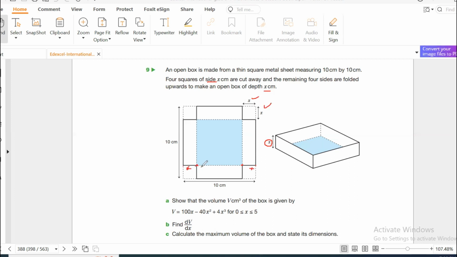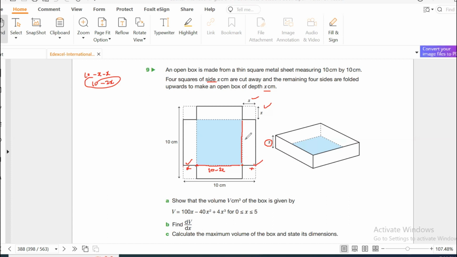So I'm looking only at this much length. That means 10 minus 2x. So I have to cut away these 2x, okay? It means actually it is 10 minus x minus x. So we can say that 10 minus 2x. The same way for the other side, like this side. It's a square, so all sides are equal.